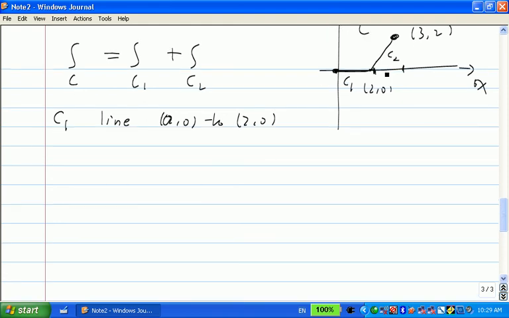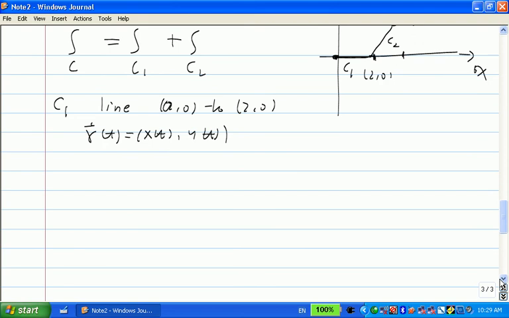This is a line. A line is a curve, okay? So how do you find this? We need to find the parametrization. Okay, this is a line. Remember, we learned how to find the equation of a line, right? The equation of a line in general is like this. Let's review that. x equal to x naught plus at, y equal to y naught plus bt, z equal to z naught plus ct.